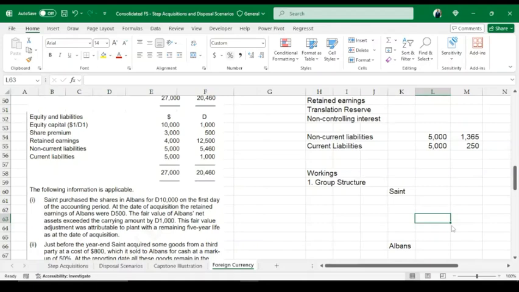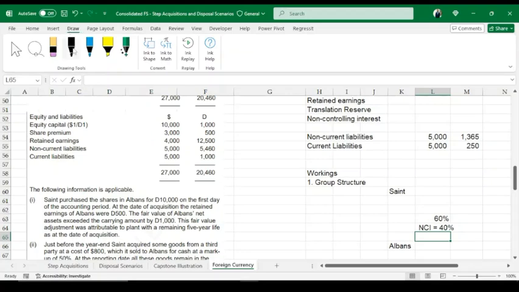The percentage purchased is 60%, which implies that our NCI is 40%. Let me draw some lines there. This is a simple group structure, not a complex group, it's a simple group situation.